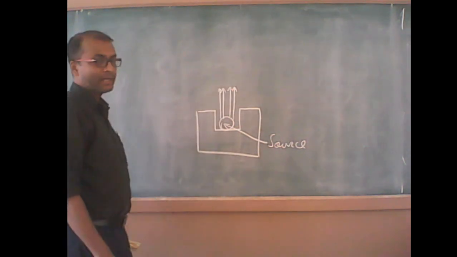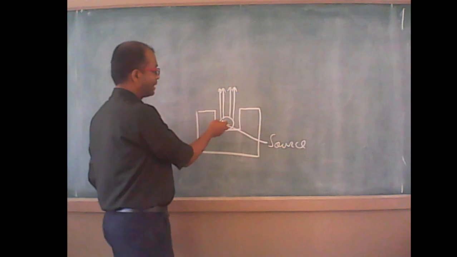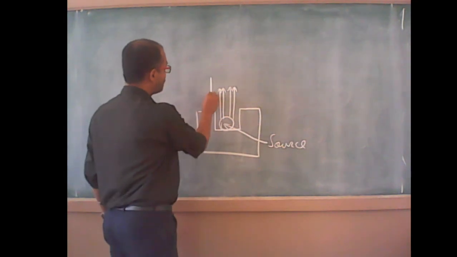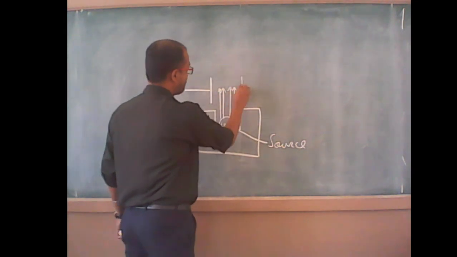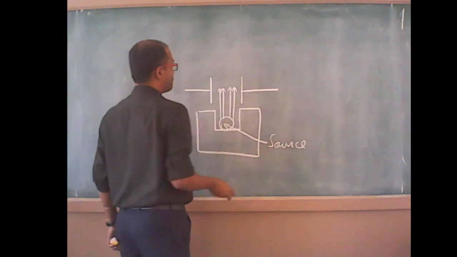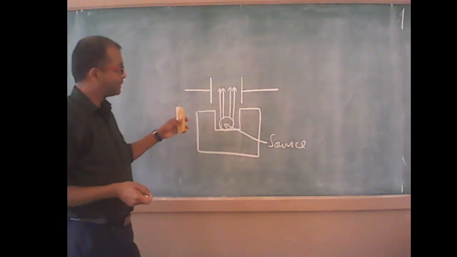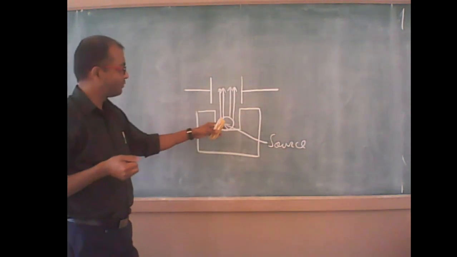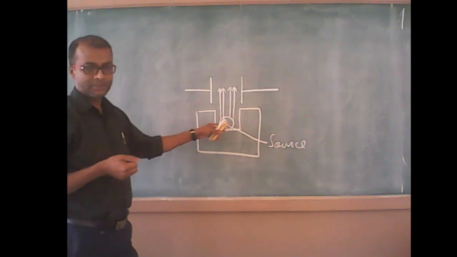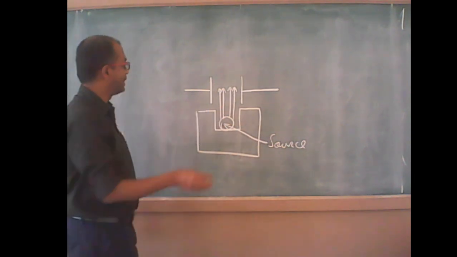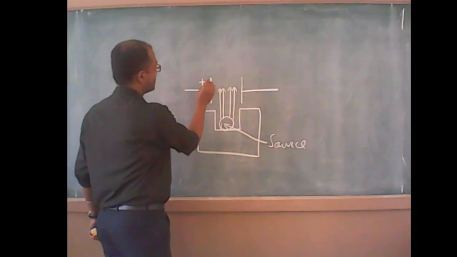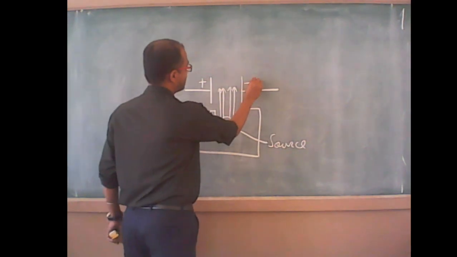Then we subject these radiations being emitted by the source to an electric field. You allow the particles and radiations emitted from this radioactive substance to pass through an electric field, a positively charged plate and a negatively charged plate.